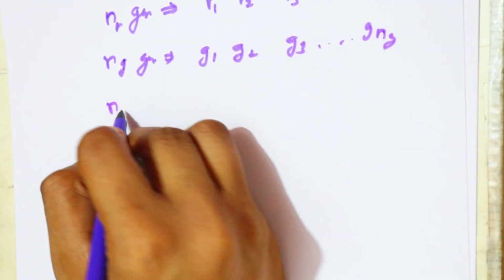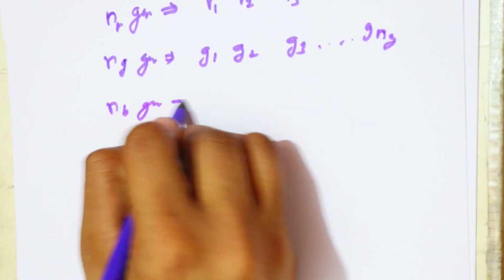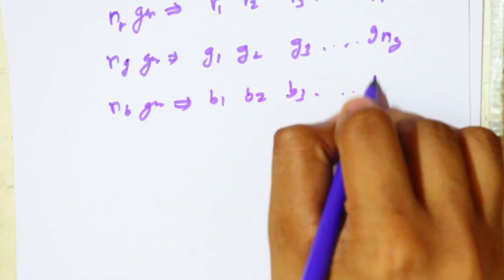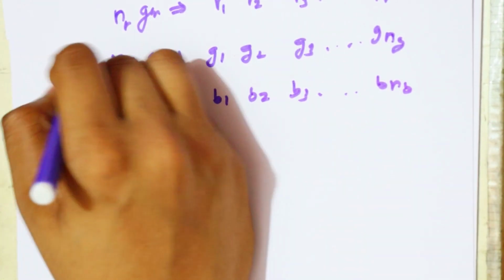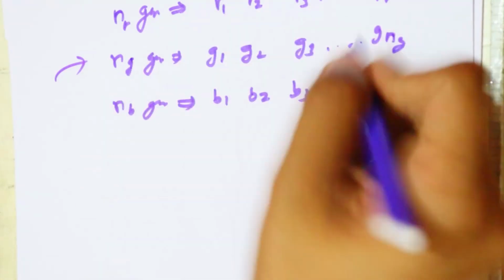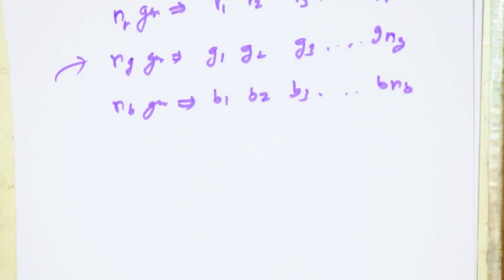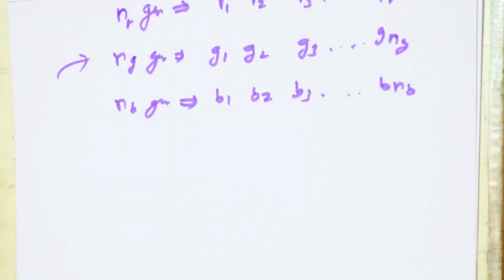And for the blue gems, suppose it is B1, B2, B3 up to BNB. Please don't worry about these numbers R1, R2; they are only a representation of the weights which I showed you earlier.